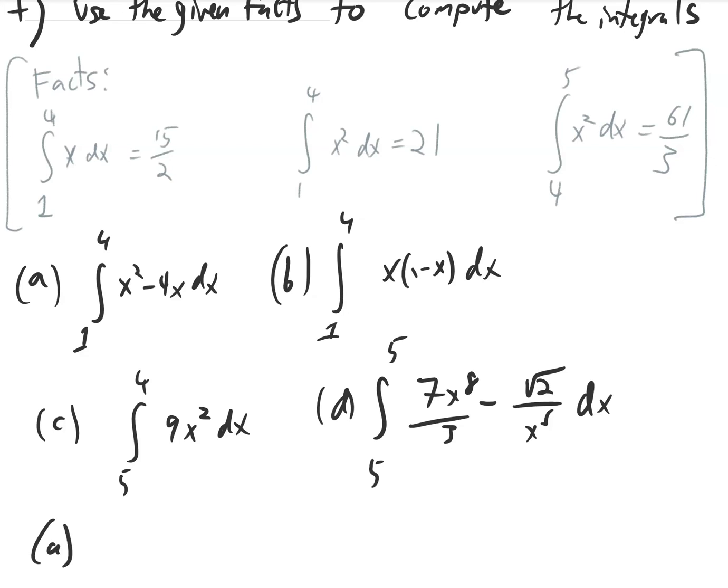Okay, so for part A, the integral splits up into the integral of x squared dx from 1 to 4 minus 4 times the integral of the function just x from 1 to 4.